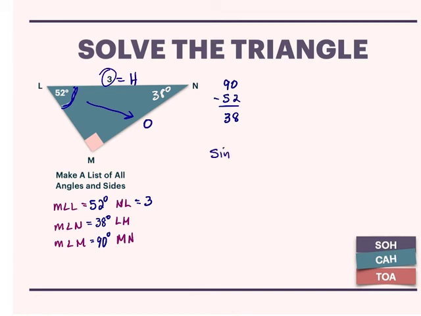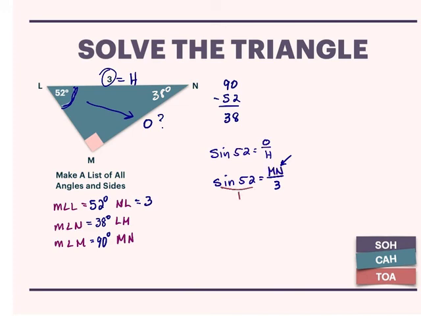So sine 52 is opposite over hypotenuse. I chose the sine function because it contains the side I do not know, opposite, and it contained a side, the hypotenuse, that I did know. Now that's not a zero there, that is the letter O for opposite, and I'm going to change that because it's going to confuse us. I'm going to call that side what its name is, MN.